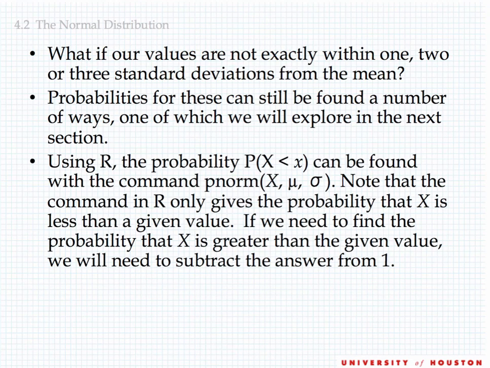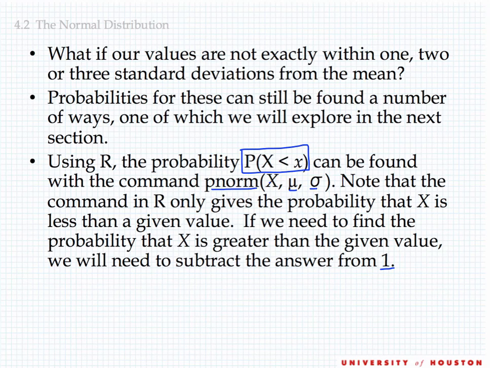If we're using RStudio or R, the probability of x less than some value can be found with the command pnorm, where we put our x value and our given mean and our given standard deviation. Note that in R or RStudio, it only works with the less than probability. So if we're trying to find a greater than, we'll need the complement and have to subtract our answer from 1.